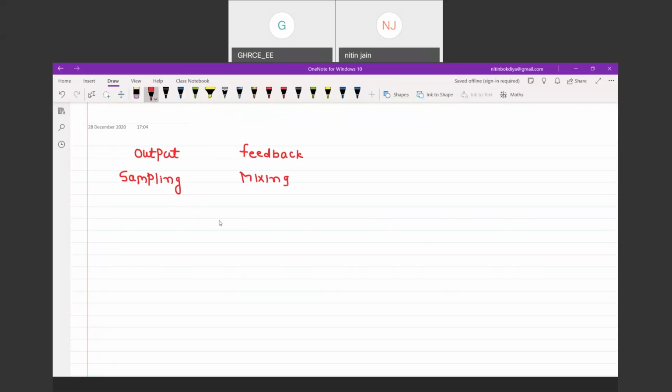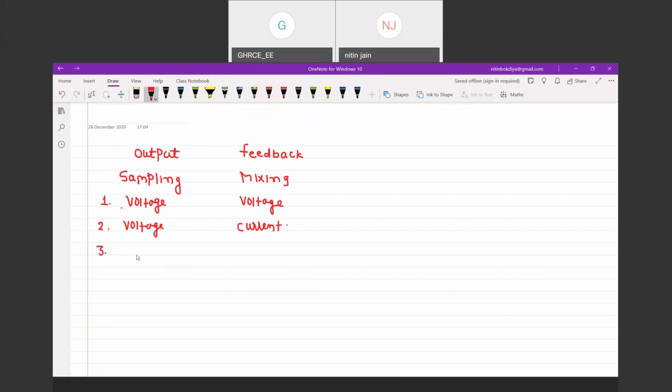So how many topologies are possible for feedback? The first may be voltage sampling and voltage mixing. The second one is voltage sampling, current mixing.